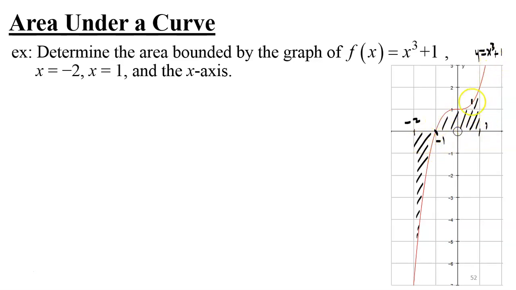As you can see on the graph, the curve is below the x-axis between -2 and -1, and the curve is above the x-axis between -1 and 1.